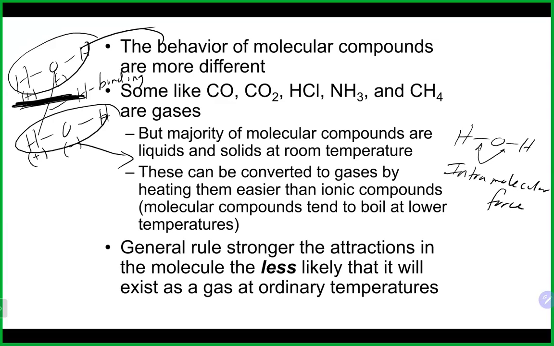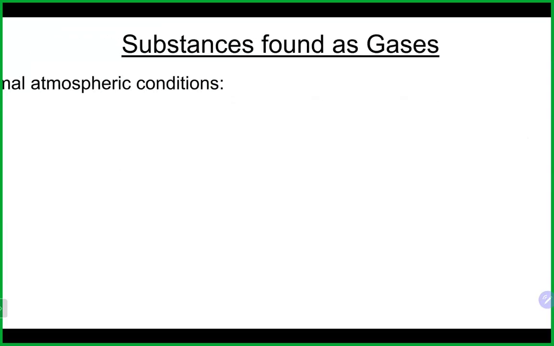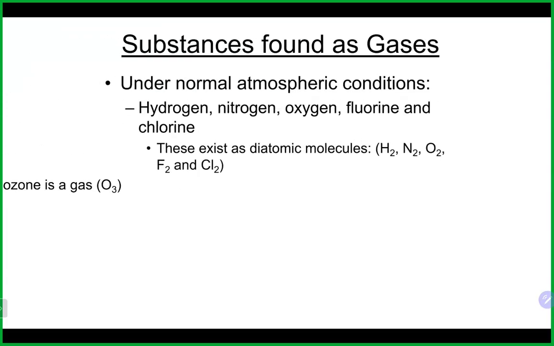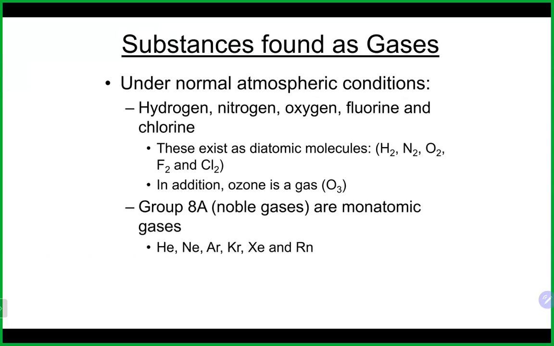So when we talk about gases, there are certain ones that we should be familiar with that obviously come as gases. A lot of those diatomic elements that we talked about, hydrogen, nitrogen, oxygen, fluorine, and chlorine, they are gases in their natural state when they're by themselves. Ozone is also a gas, O3.